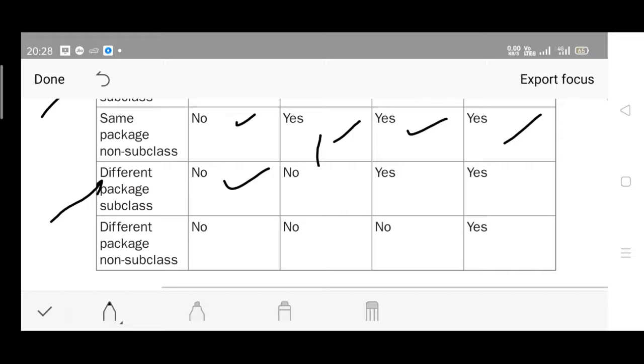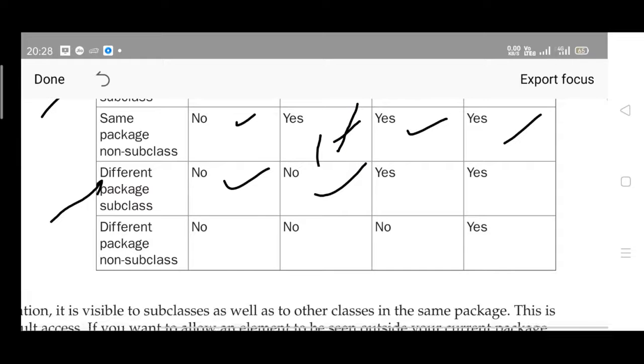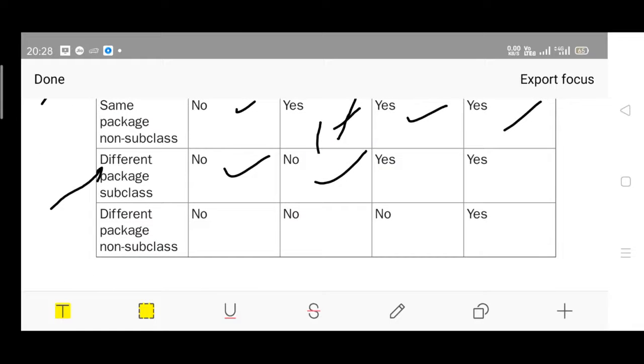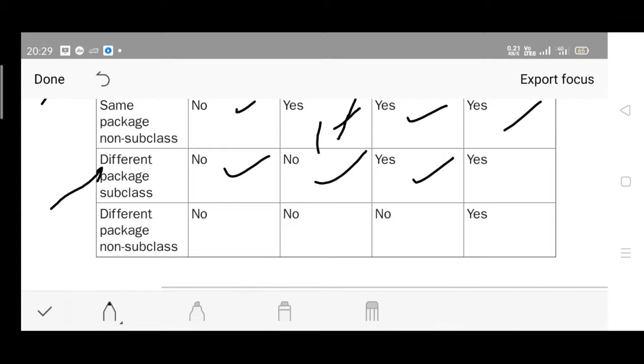Then the default member is also not accessible. Default means no modifier. If the subclass is included in a different package, it cannot have access to the main class members, so accessibility is marked as no. But protected as well as public are accessible.